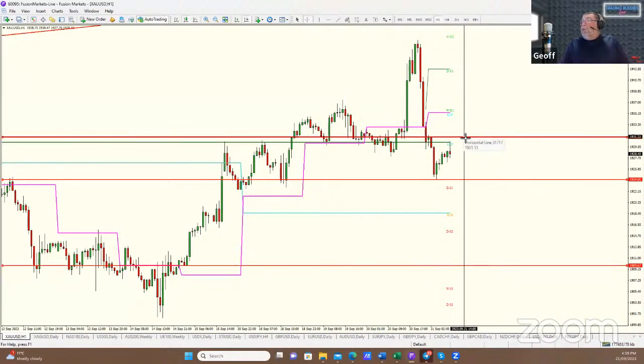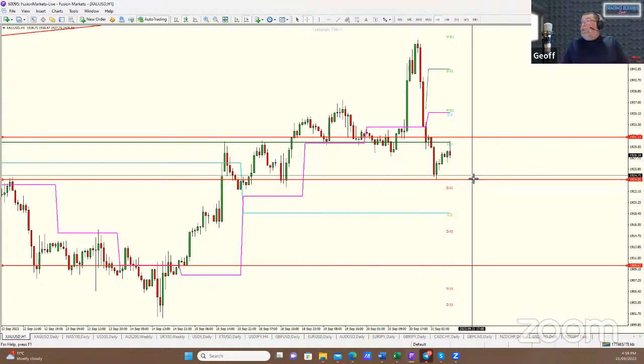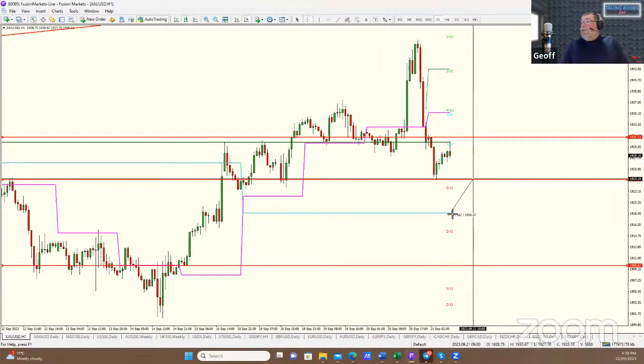So our risk would be about $7. Our reward, if we bought, would be about $4. So not fantastic. Our reward, if we sold, would be about $5.50. That's not too bad.